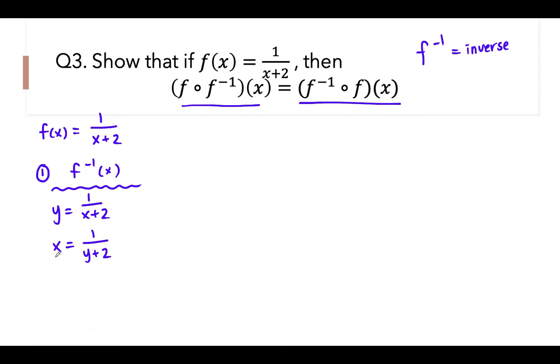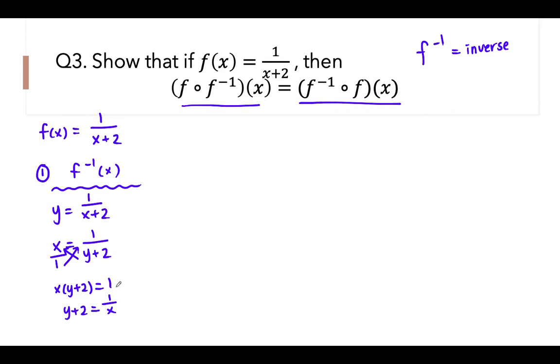So I'm going to cross multiply. It will be x times y plus 2 equals 1. And then I'm going to isolate it, so y plus 2 equals 1 over x.